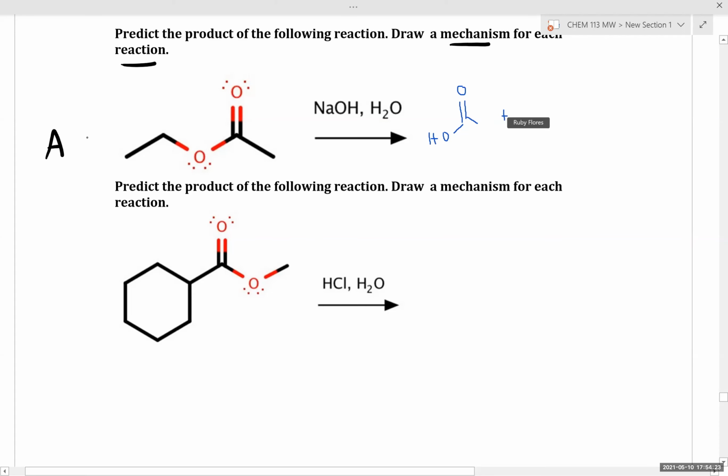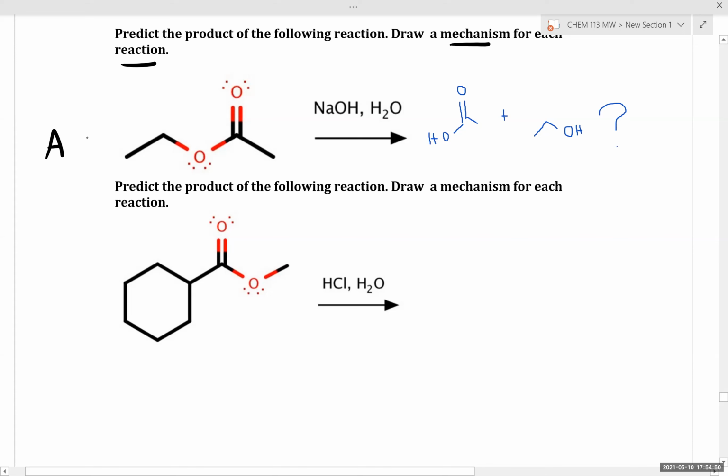So we have a student predicting that we'd generate acetic acid as one of our products. And ethanol. Yeah, those two predicted products look reasonable.